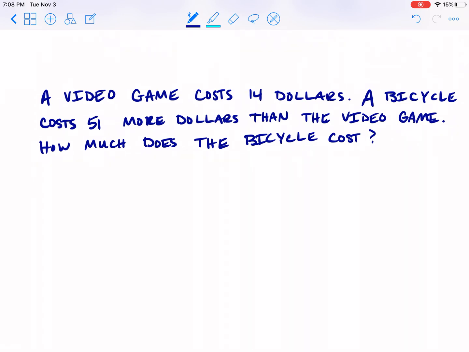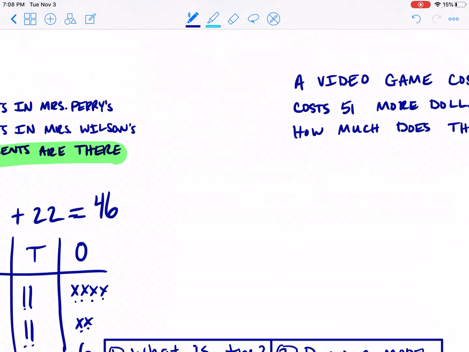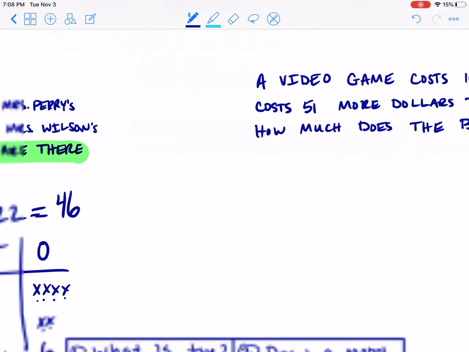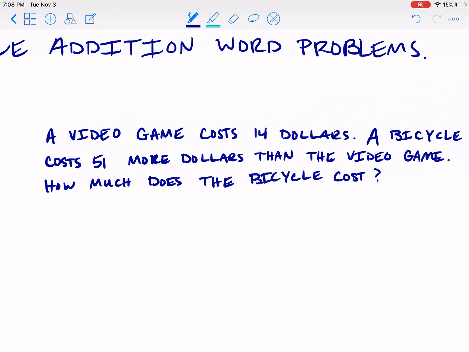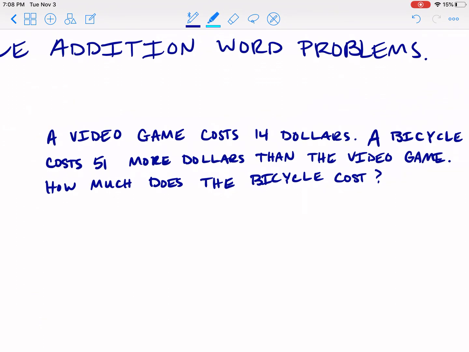A video game cost $14. A bicycle cost $51 more than the video game. How much does the bicycle cost? So, first step in our chart, it says, what is the question asking? So I'm going to find that sentence in our word problem that has the question mark.